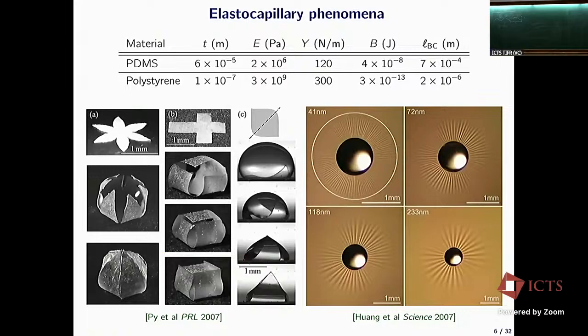Okay. Then the bending cost of this pattern, so I will write the energetic cost per unit area. So I have the bending modulus, okay, and then I have to multiply by the curvature squared.